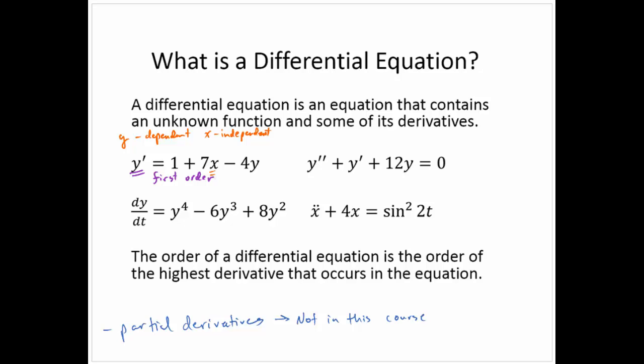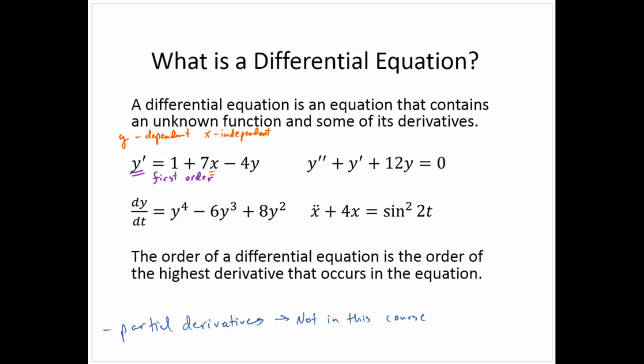The second example, I have y double prime plus y prime plus 12y equals 0. So this again is an ordinary differential equation. I see the y prime. I don't see the independent variable. So I have a choice here. I can use any variable I want.